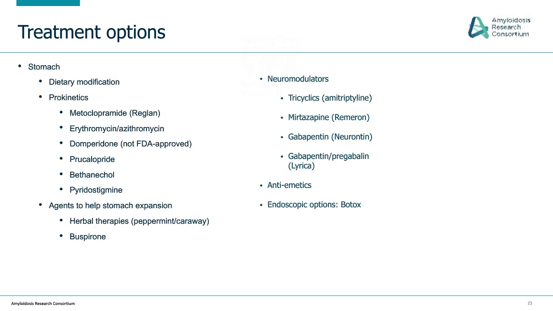If symptoms are from the stomach, again, the first step is often dietary modification. What we're trying to do there is a diet that will lead to less gut distension as well as faster stomach emptying. And so oftentimes that'll be small, low-fat meals.